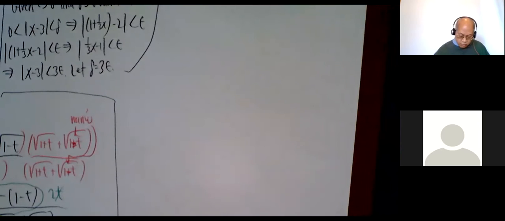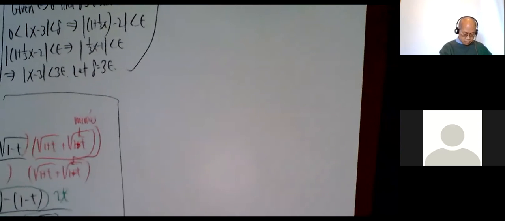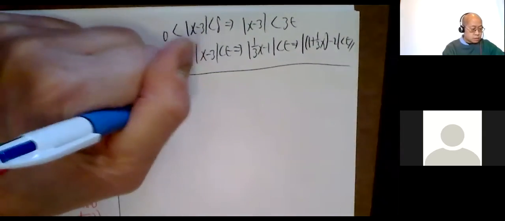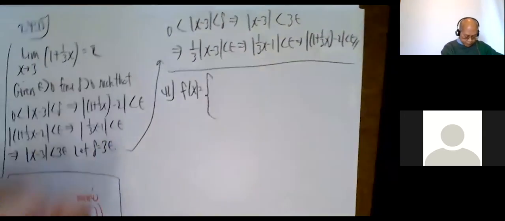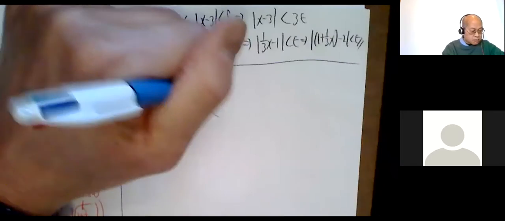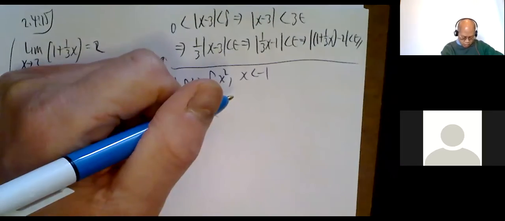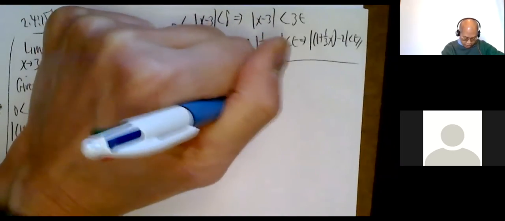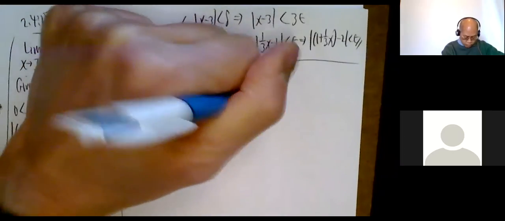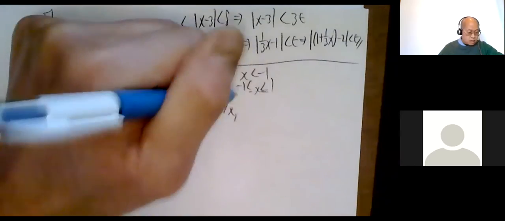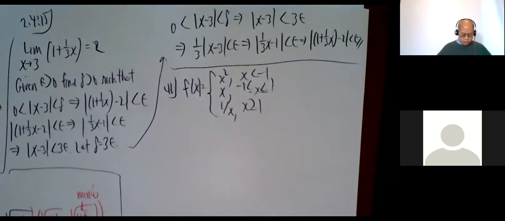Okay, let's see, 41. Where's the graph discontinuous? So we have x squared, x less than -1, x, if x is between and including -1 and 1, and then 1 over x, x greater than or equal to 1.